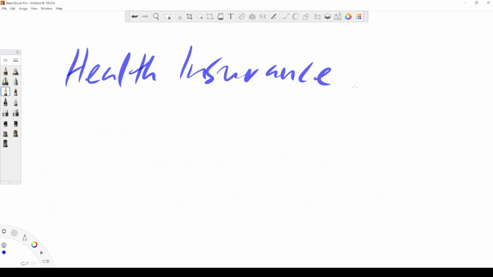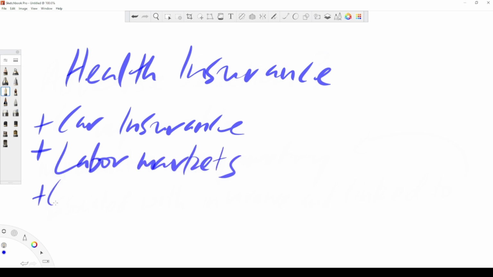One way to deal with adverse selection in the insurance market is to make it compulsory for all. For instance, with health insurance, you want to make it compulsory for all. This reasoning can also be linked to car insurance, and you can also see adverse selection in labor markets and also credit markets.